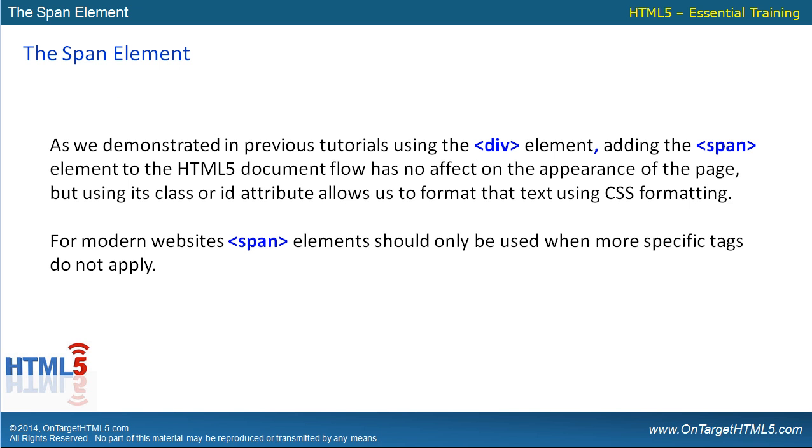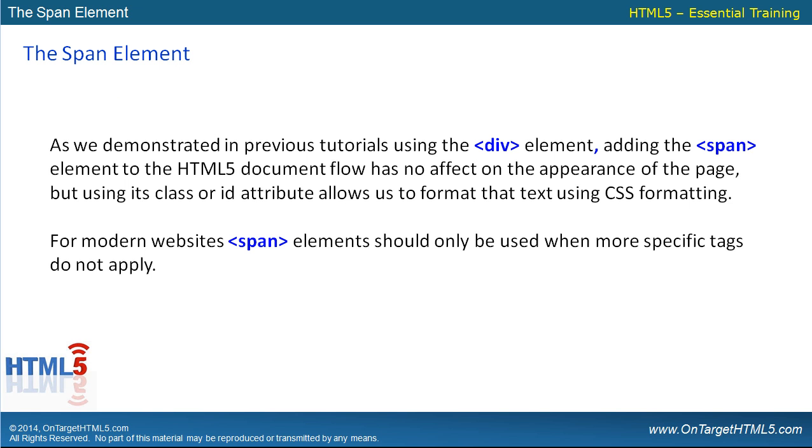The span element works the same way. It does not impede document flow, and it does not change the appearance of the way things appear in the browser window until we start formatting that element using CSS. But using its class or ID attributes allows us to format that text using CSS formatting, and I'm going to demonstrate that as we get into the demonstration.